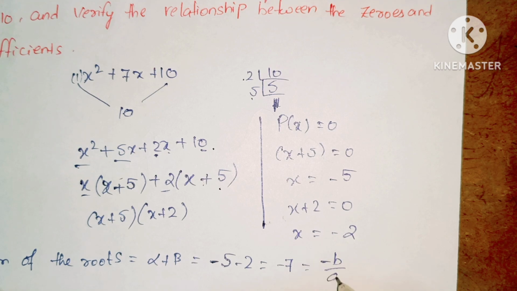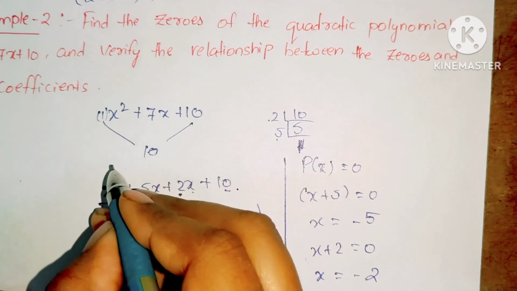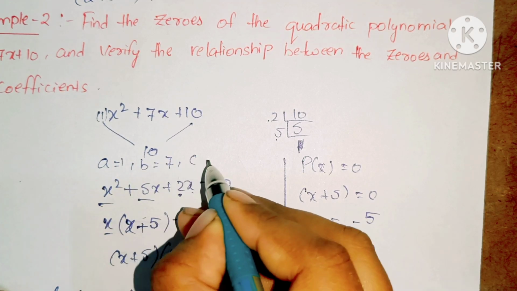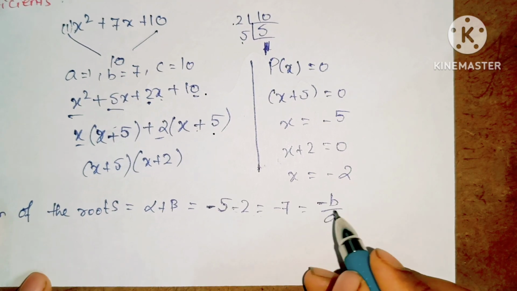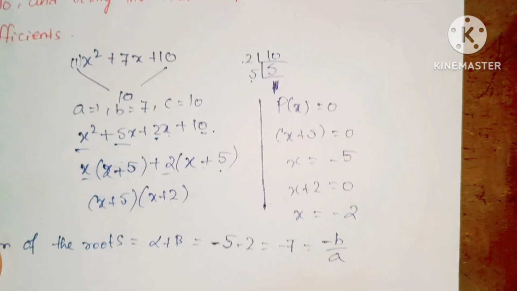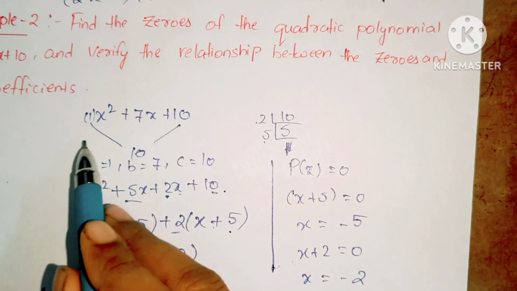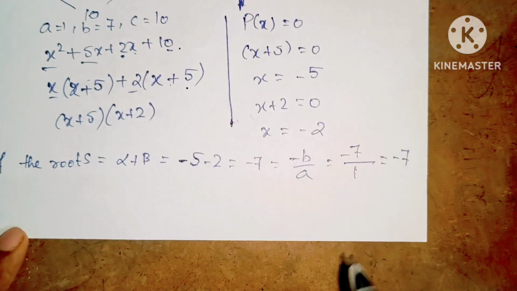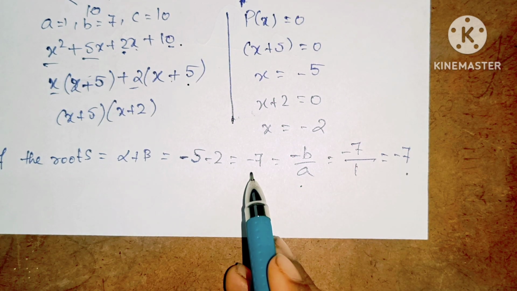Minus b by a. Sum of the root means minus b by a. So in the given equation, a means 1, b means 7, c means 10. Okay. So here minus b by a. B means how much? 7. So minus 7 by a means how much? 1. Minus 7. See, with the help of coefficient you got minus 7. With the help of roots also you got minus 7.